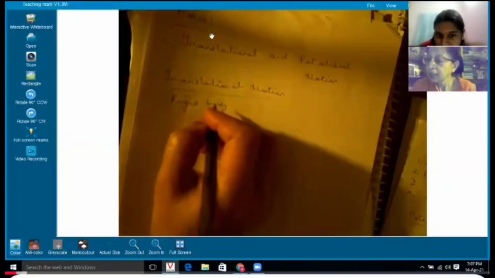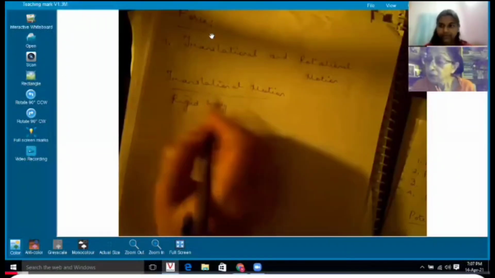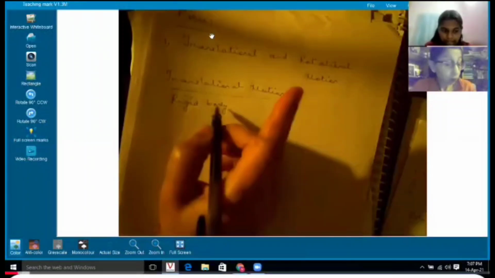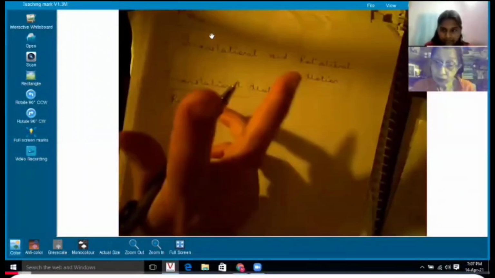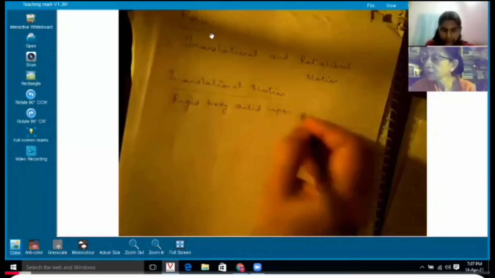Correct. So there is no change in shape or size of the body when you apply a force. When such a rigid body is acted upon by a force, there can be two kinds of motion.